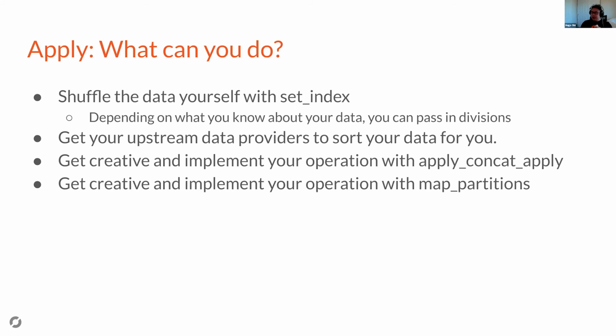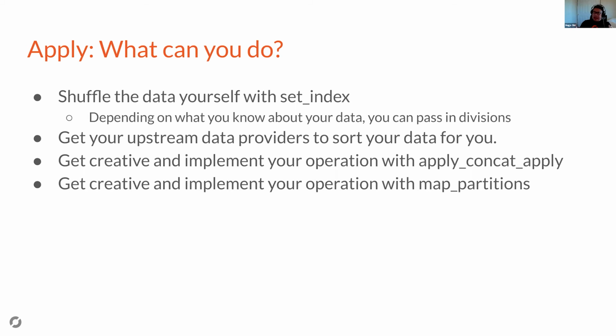In practice, I often don't worry about that, and the reason is because I oftentimes end up shuffling the data myself with set index. And when you set index, then you can determine how many partitions you have. The reason why I often use set index is because oftentimes I know something about the data.